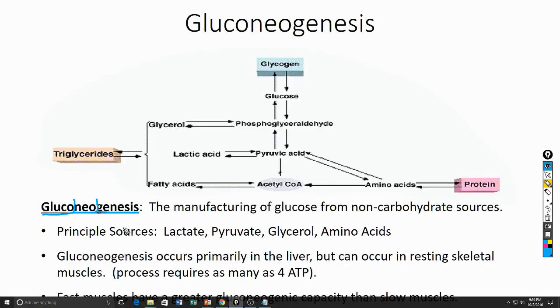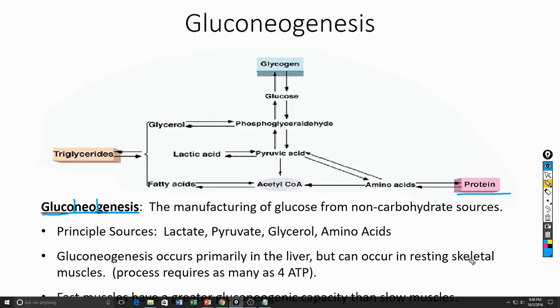Okay, so your body has a lot of redundancies for making sure that its blood glucose levels are pretty homeostatically held. Okay, if they get too high, you damage tissue. If they get too low, you die. So, in a nutshell. Anyway, we can create new glucose from a lot of different sources.